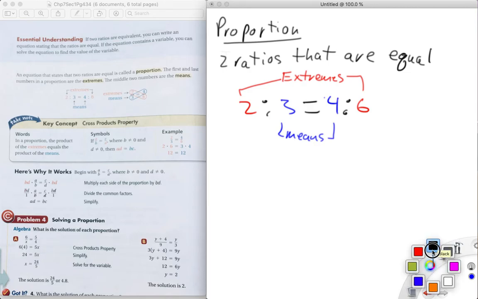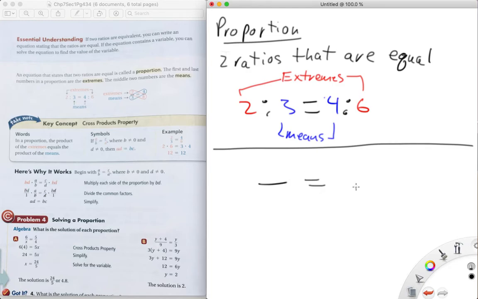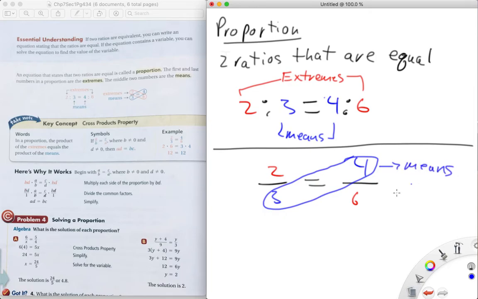When we set them up as fractions, these guys over here are the means. These guys here are the extremes.